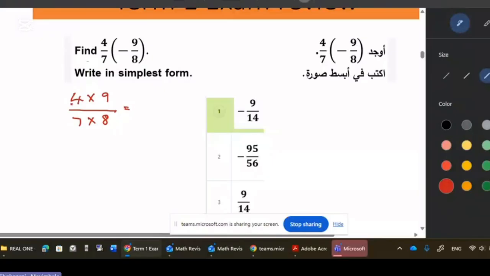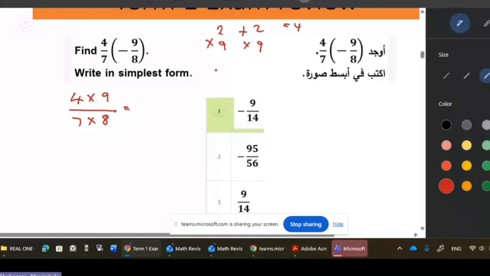What is your answer? What is 4 multiplied by 9? 14? No. Multiply. 36. We can separate it. Let's separate the 4: 2 plus 2 is 4, right? Then we multiply by 9.